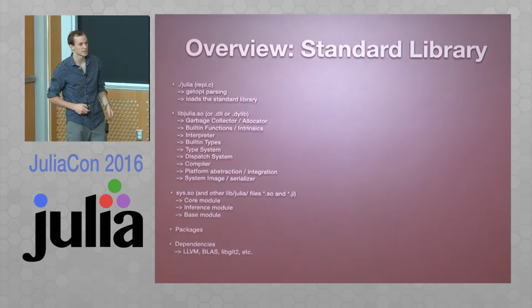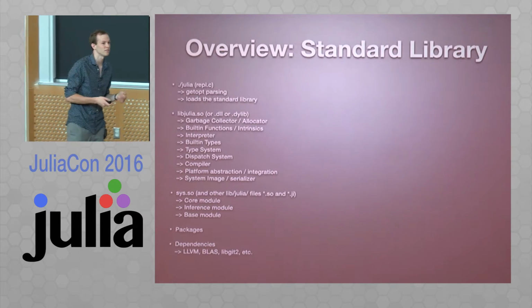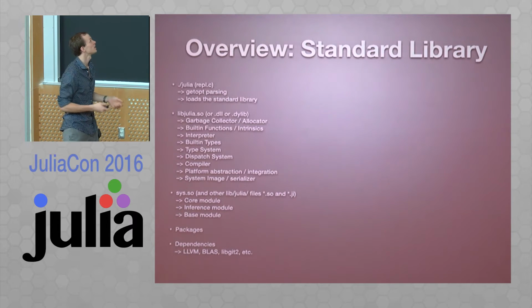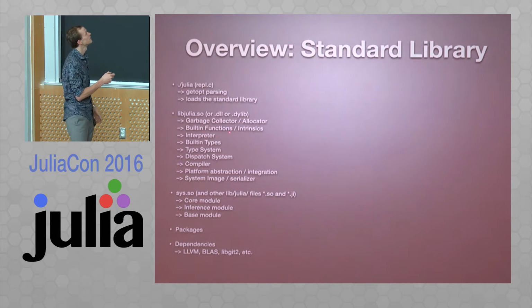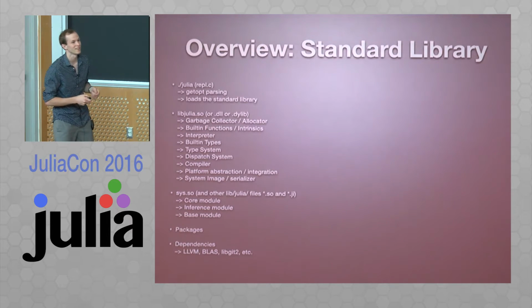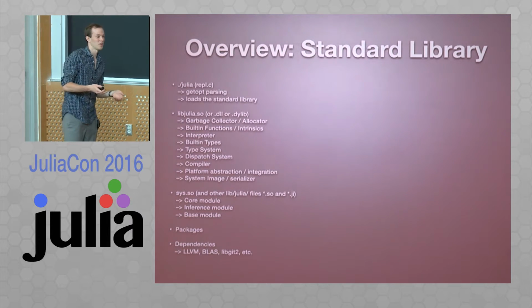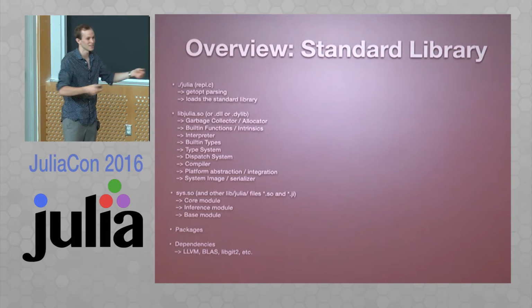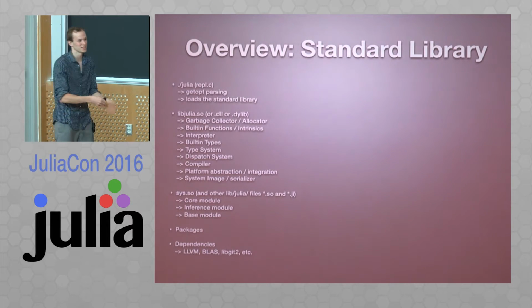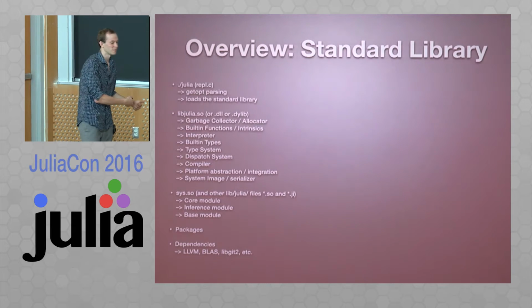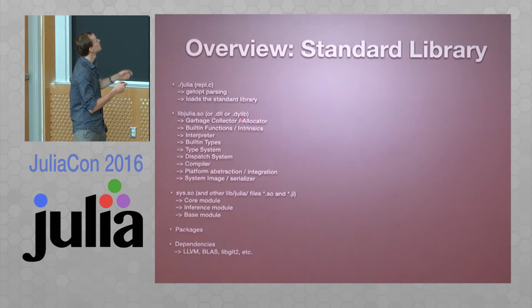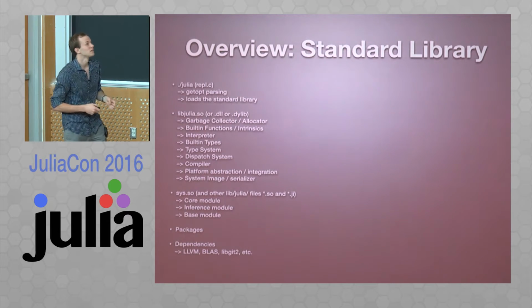Libjulia is all of the C code that we have that provides the definitions for how the Julia language works. So it contains a garbage collector. It contains all of the built-in functions that let us tell the compiler that when we mean plus, it means adding these two integers together using the arithmetic definition of plus. And we can describe that to the compiler using these intrinsic functions.